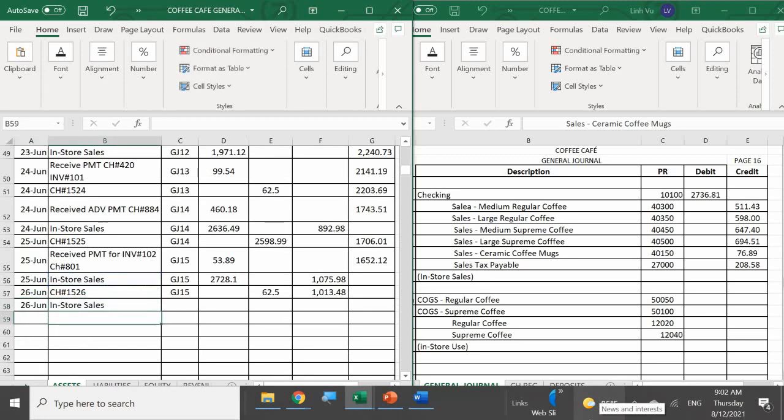In-store sales. General journal 16. And debit for $2,736.81.